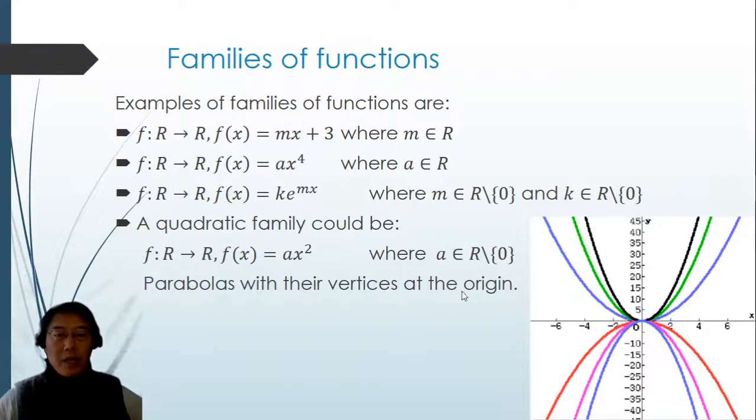They will have a common vertex at the origin, and depending on the value of a, as a increases, for a positive value it will be that trend, and as it becomes negative and gets smaller, it will go towards the blue one downwards. So there's a few properties you need to be determining as you go, depending on those parameters.